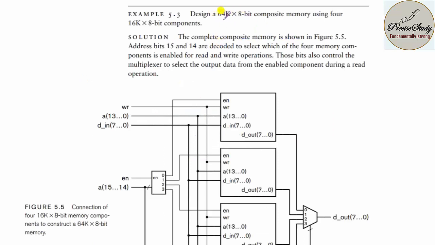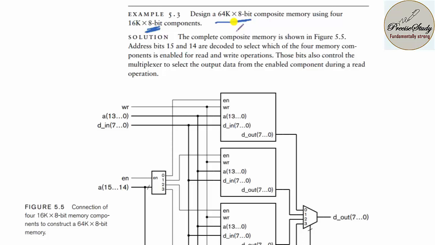One example let us consider. What they have given is: design a 64K × 8 bit composite memory using four 16K × 8 bit components. Now look here, in a particular location I can store 8 bits and I have to design 8 bits only. At that time, no need of word extension or byte extension.